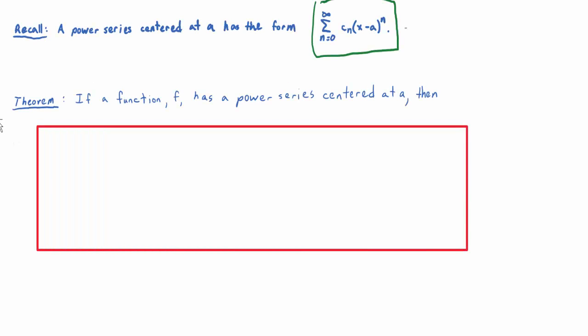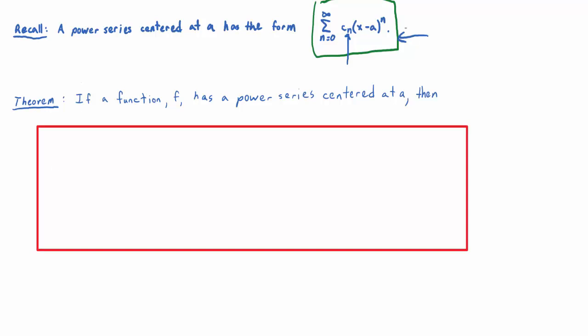So the big theorem, you guys, is if a function f has a power series centered at a, then, well, we can write that function like this. Now, this is the power series, right? What I'm about to tell you is what the c sub n equal. Guaranteed, if that power series exists.